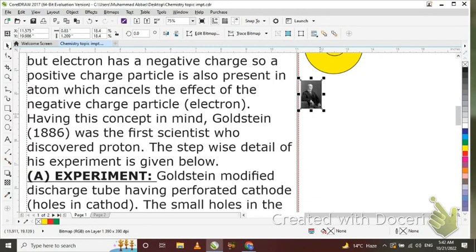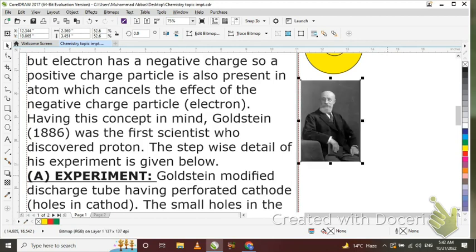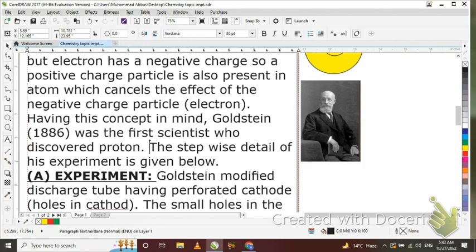Having this concept in mind, Goldstein was the first scientist who discovered proton. The stepwise detail of his experiment is given below.